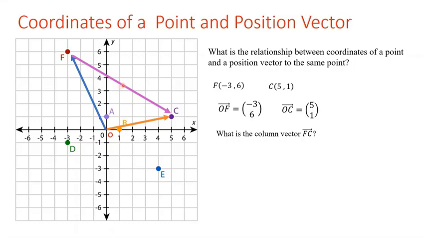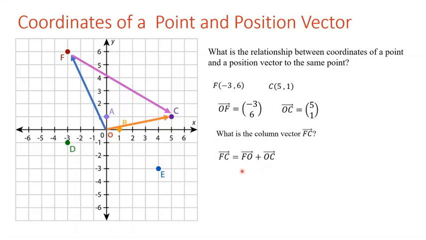How would you get from F to C? Well, they would normally tell me, I go from F to O, the origin, and from the origin to C. And that's how you would construct your formula.